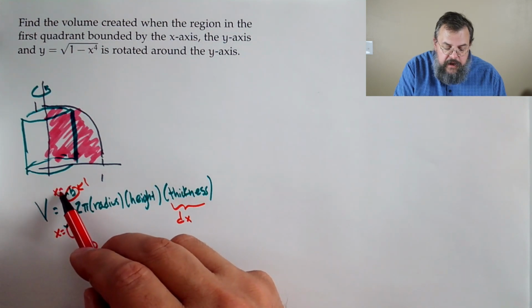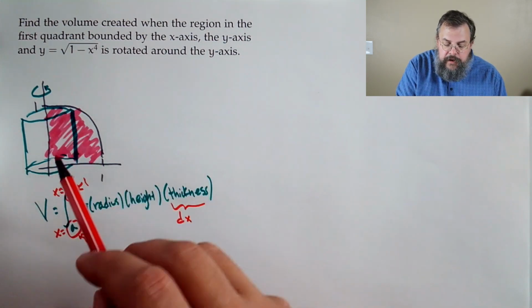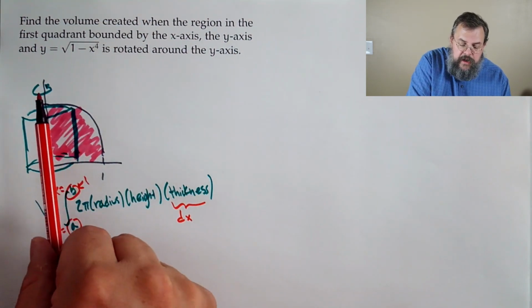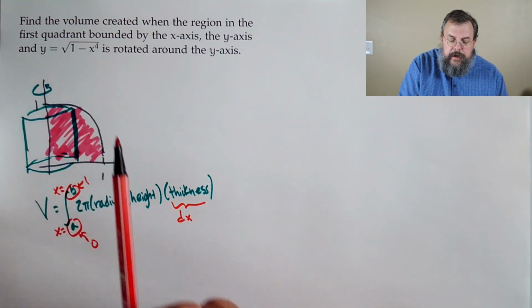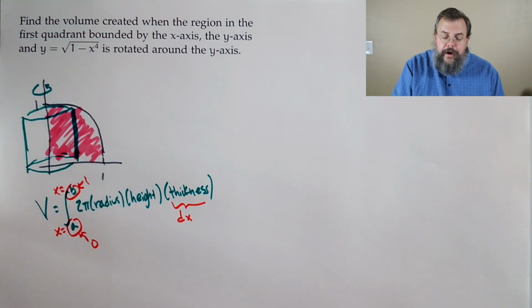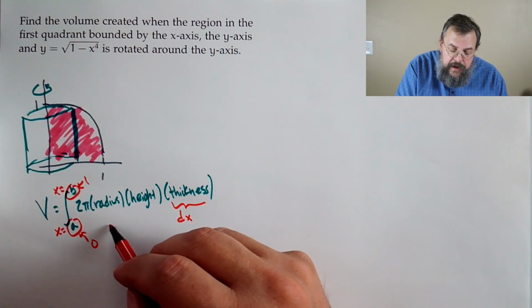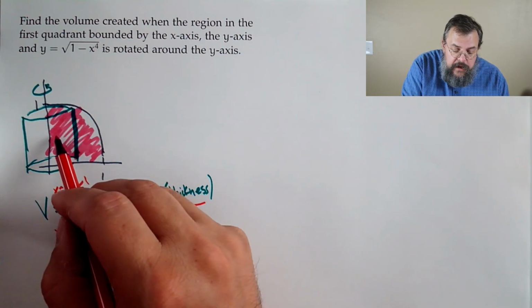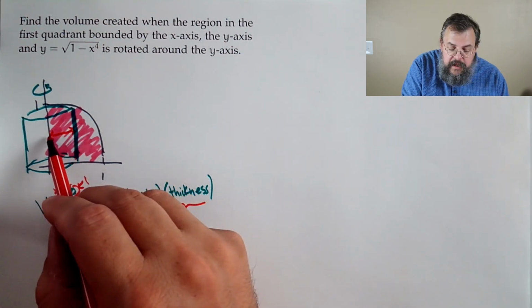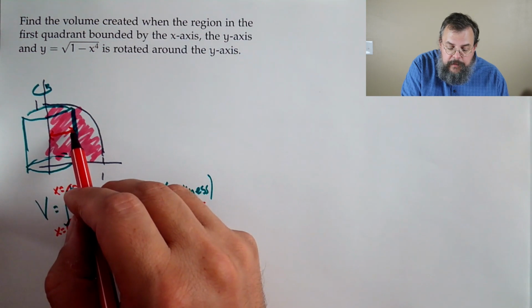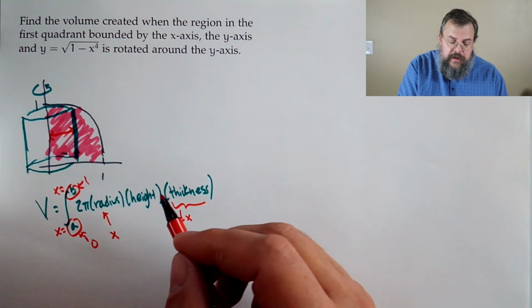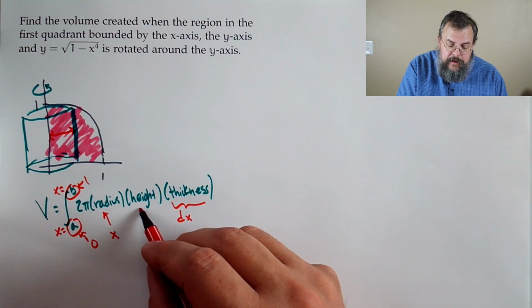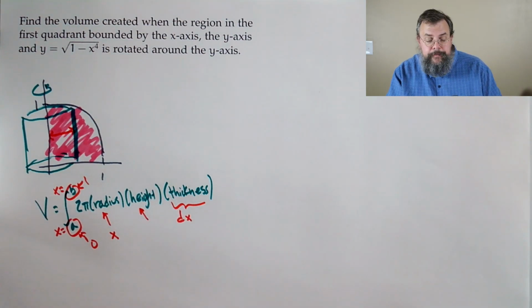So these are our x values. I want to be clear, I'm not going 0 to 1 in y, I'm going 0 to 1 in x because that's our slicing. We're going this way, 0 to 1. All right. Our radius, well, that is how far are we from where we're spinning? So I'm going from x to 0. So that's x. And our height? What is our height?